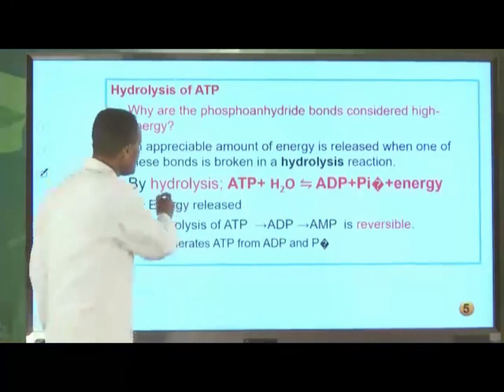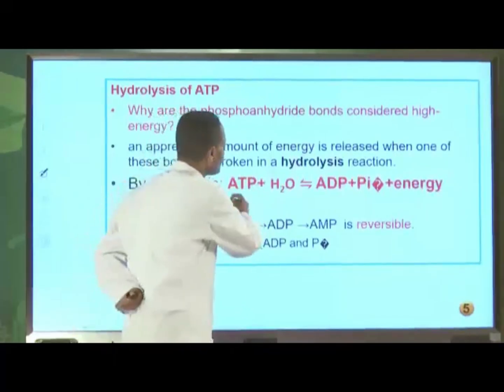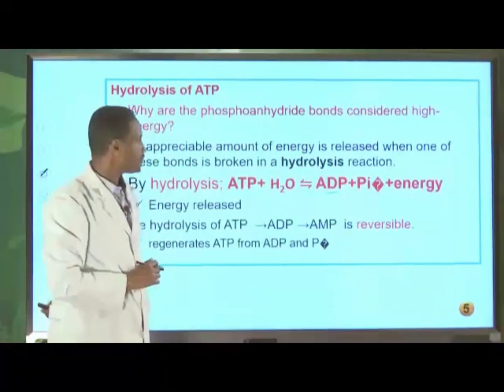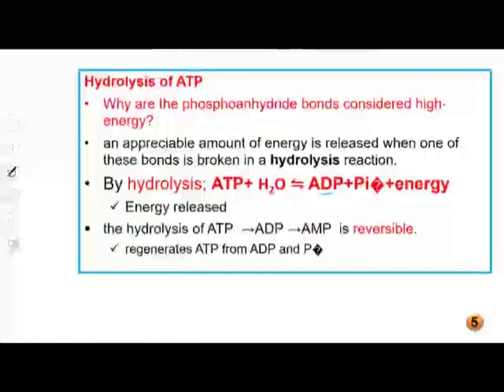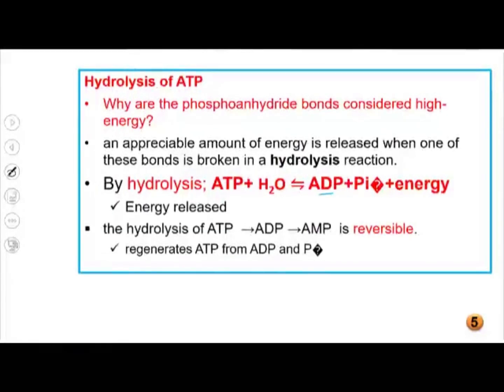By hydrolysis, ATP can be hydrolyzed to ADP, that means adenosine diphosphate, plus inorganic phosphate plus energy. Then energy is released during this hydrolysis of ATP. The hydrolysis of ATP can be reversible.